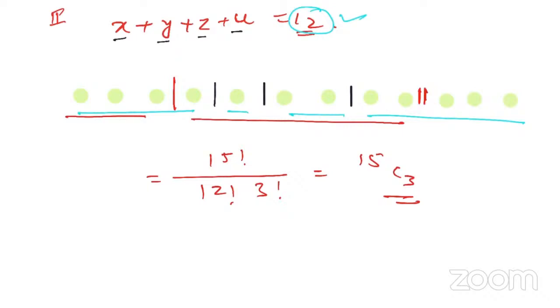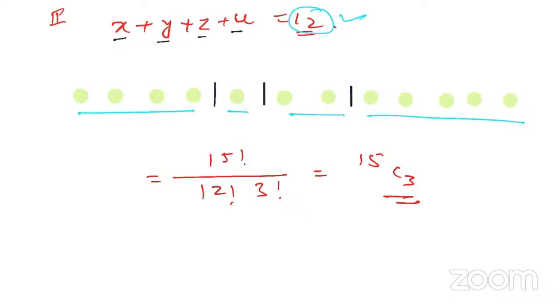If 2 separators are side by side, then that part contains 0, nothing is there. So that's always included in this case. So the total number of arrangements in this case will be 15 C 3. That was the second method.